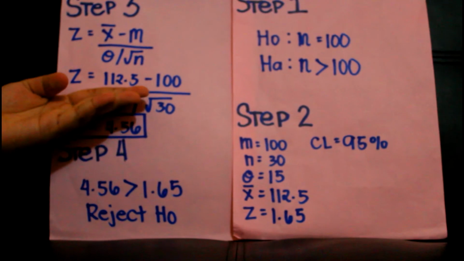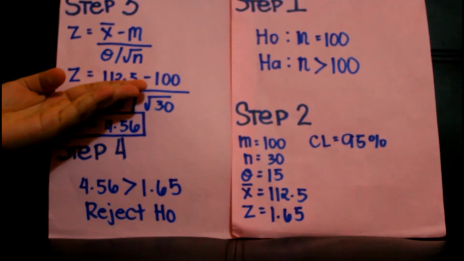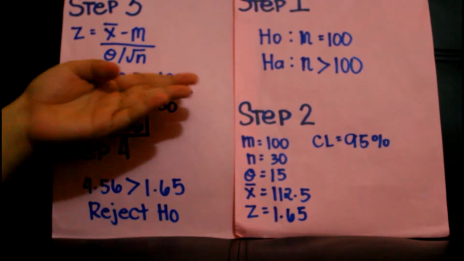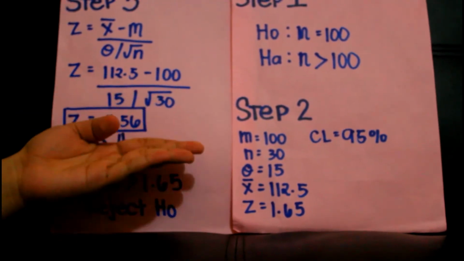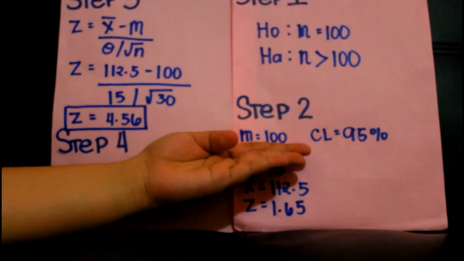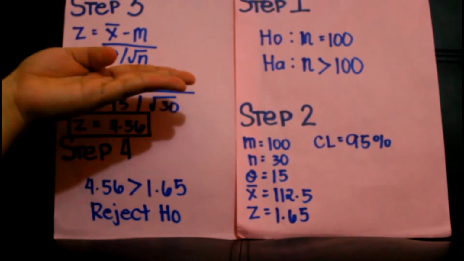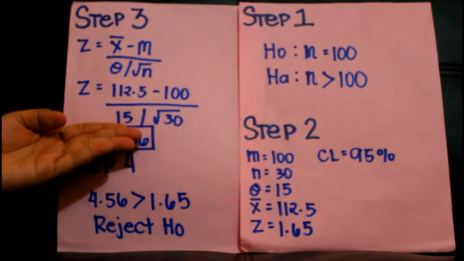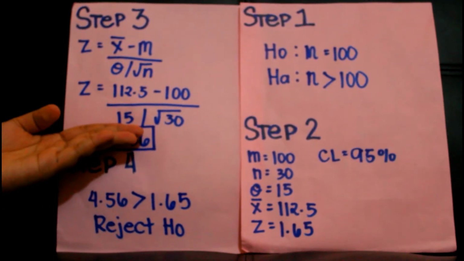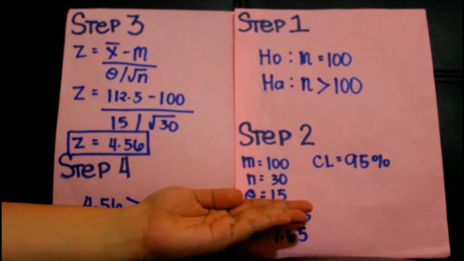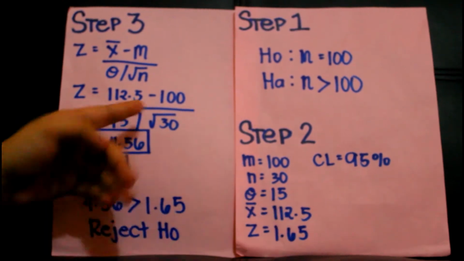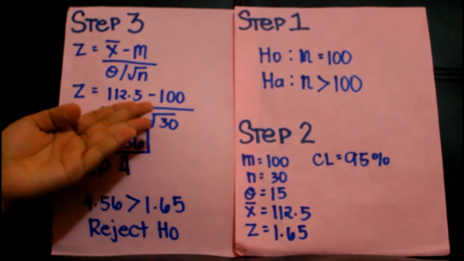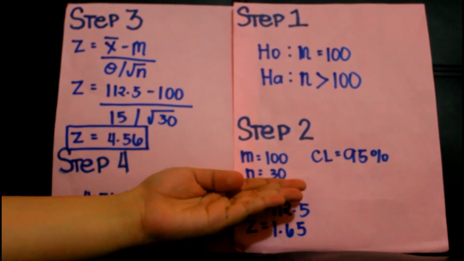So, i-place natin siya dito. Para i-substitute natin yung random sample as 112.5 minus mean. So, ang mean natin na nakuha natin sa step 2 is 100. Ang standard deviation natin is 15. Nakuha sa step 2 natin. I-divide mo yun sa square root of 30, which is yung sample space.